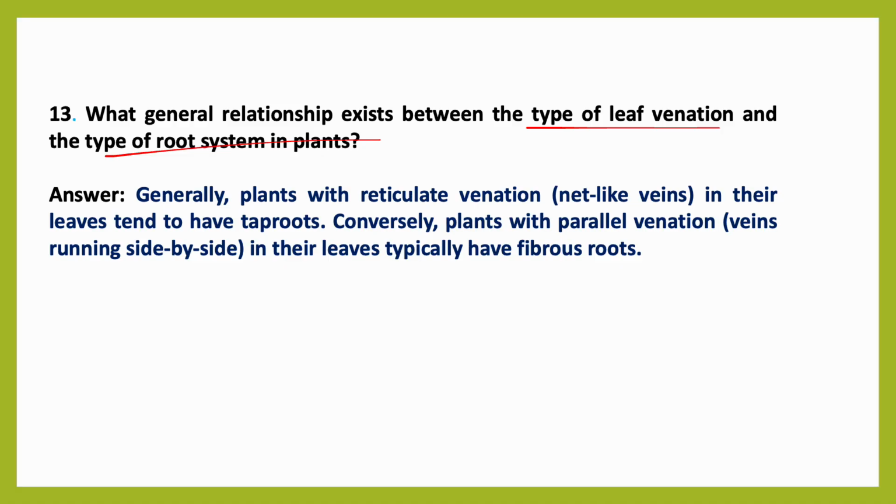Generally, plants with reticulate venation, that is net-like veins in their leaves, tend to have tap roots. Conversely, plants with parallel venation, that is veins running side by side in their leaves, typically have fibrous roots.